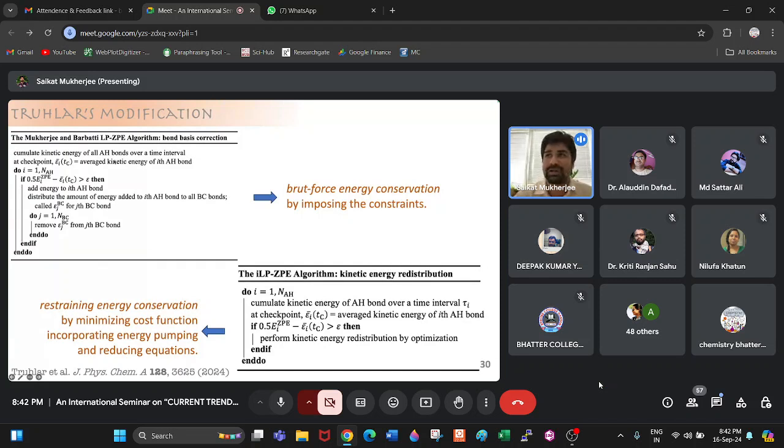He called it the Mukherjee-Barbatti algorithm, where this is our pseudo protocol that does a brute force energy conservation. But he performs kinetic energy redistribution by putting in a cost function and optimizing it. So they basically improved our local pair zero-point energy algorithm to correct zero-point energy leakage in classical trajectories, this year only.